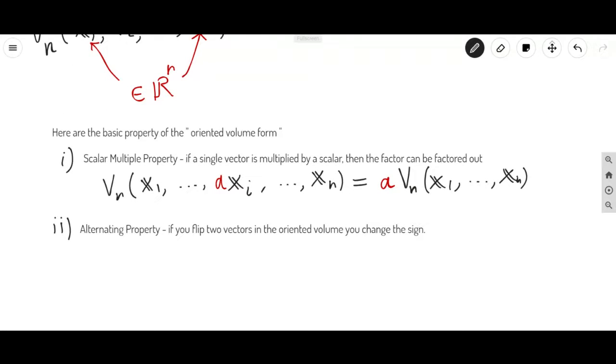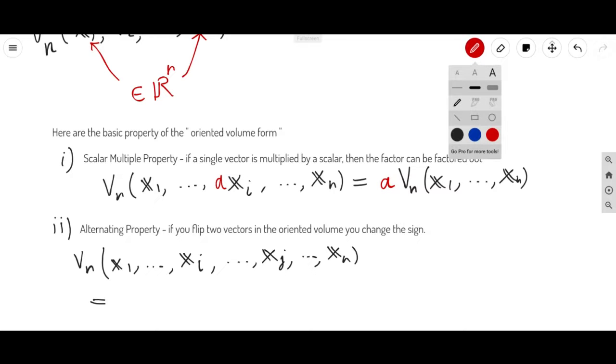So mathematically what we're saying is that if you have some vector at the ith position, and then you have another vector somewhere else at the jth position, and you take those two vectors and you interchange them. So you just interchange these two vectors.